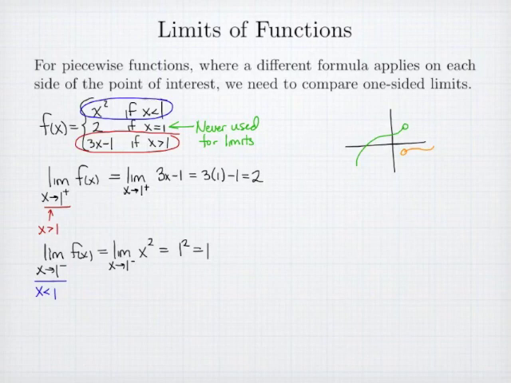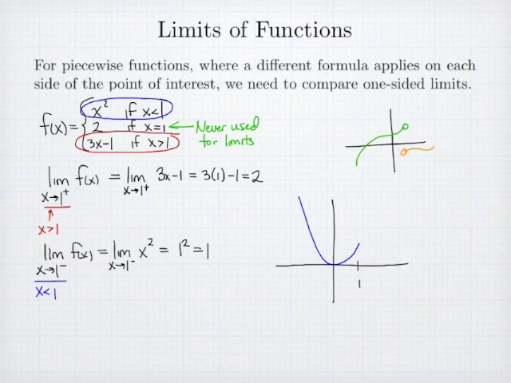If I thought about my actual graph, what this says is that for all the x values that are less than 1, I use the formula x squared. And so my graph looks like the y equals x squared graph. On the other hand, for all of the x values greater than 1, I use the formula 3x minus 1.